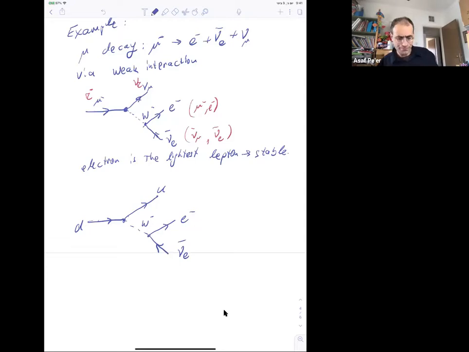The reason is that because of the nature of the strong force, quarks don't go as free particles. They're always bound particles. But the down quark can be bound to another down quark and to another up quark.